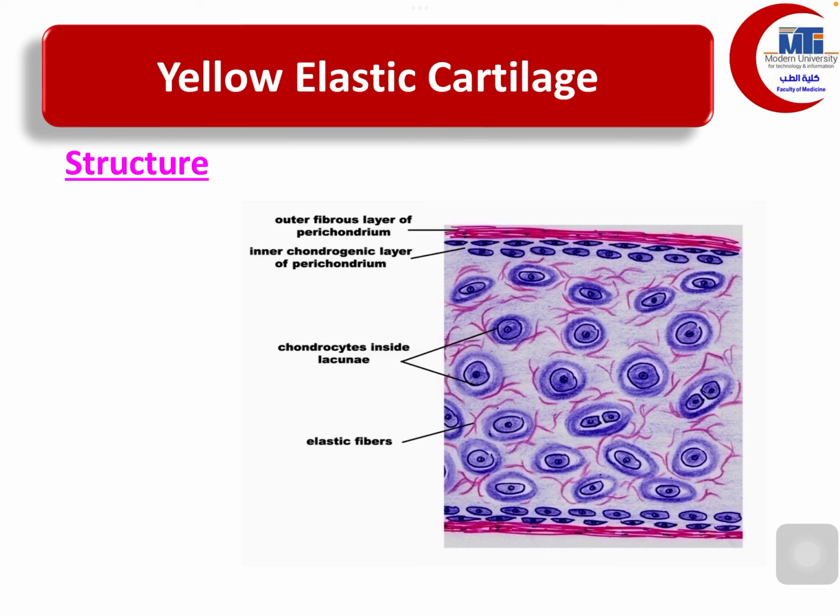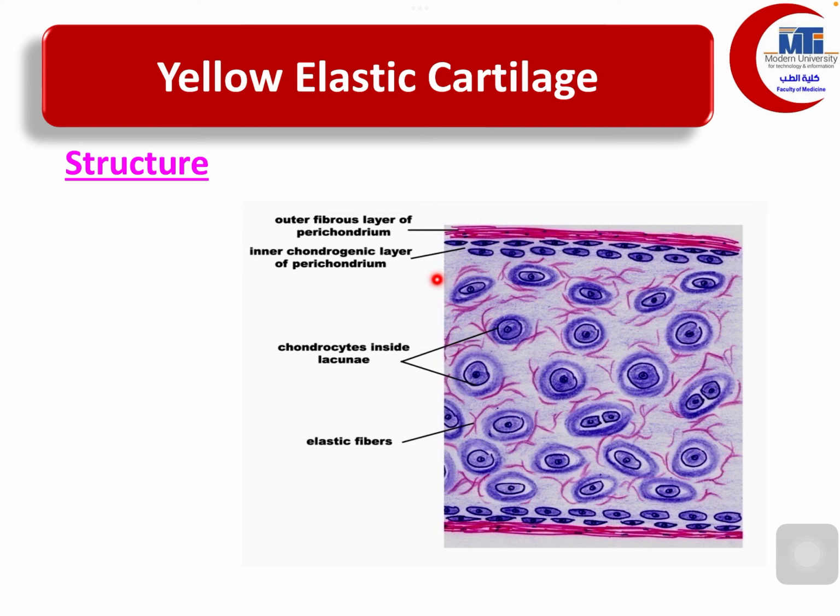So now let's talk about the structure of the yellow elastic cartilage. As we mentioned before, it is similar to the hyaline cartilage, with the only difference between both being the addition of elastic fibers, as you can see here, the reddish elastic fibers inside the matrix of the cartilage itself.